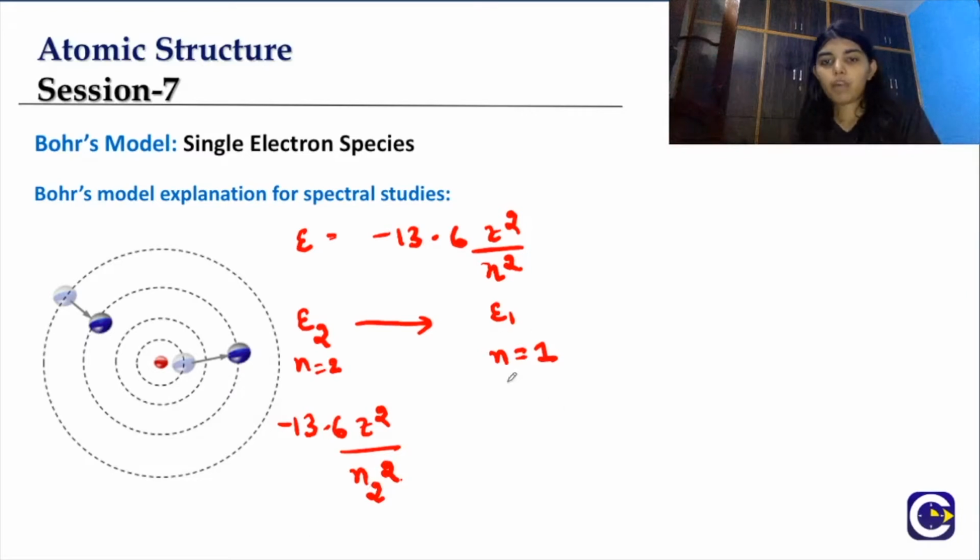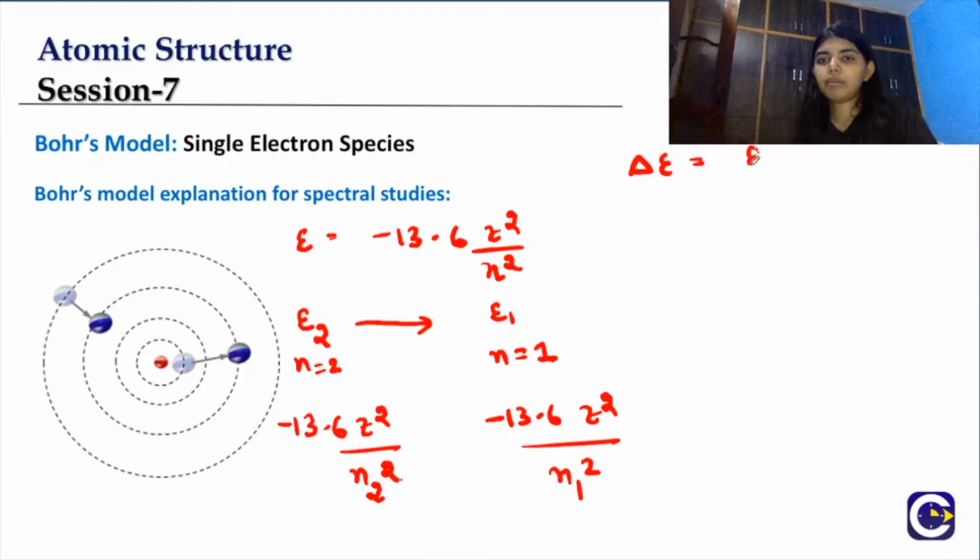And what is the energy of the first orbit? That is minus 13.6 Z square upon N1 square. Now we want to find the difference between the energy levels, that is delta E.